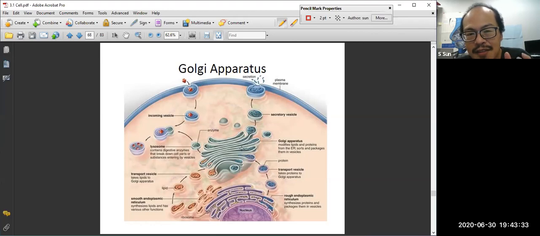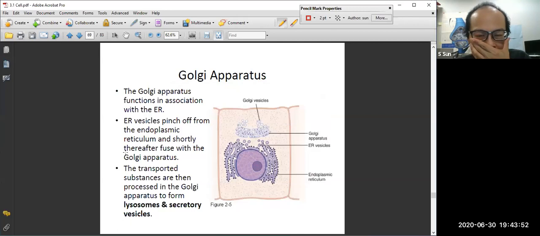You can pack it, fold it, modify it, and release it into the extracellular space, or it can merge with the lysosome to provide the enzyme to digest these large molecules. So the Golgi apparatus releases vesicles that can either be secreted into the extracellular space or merge with the lysosome.